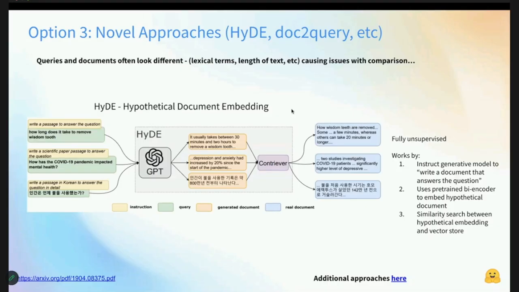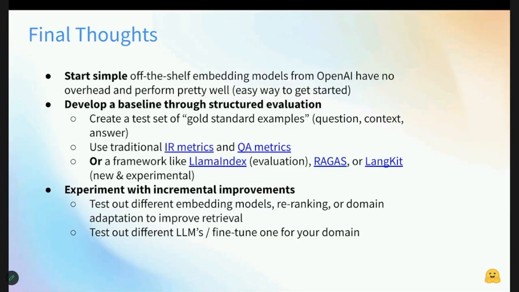Last thing, just some final thoughts on how to practically go about this. When you're trying to improve retrieval, it sounds like you guys have already done this, which is awesome to hear, because a lot of customers don't necessarily think to go to this first, but it's really hard.